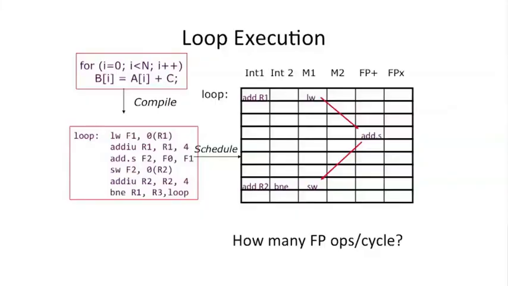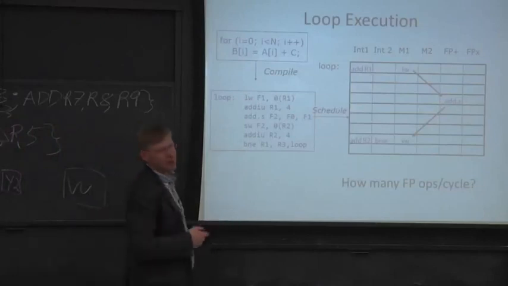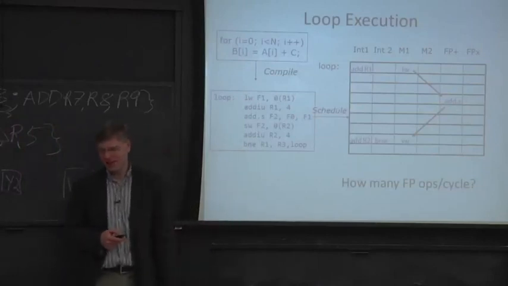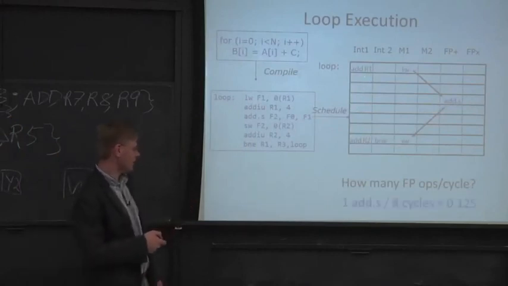OK, so first question here. How many floating point operations are we doing per cycle? Are we doing very well here? This looks pretty poor. We have one floating point operation here, just this add. And we have 1, 2, 3, 4, 5, 6, 7, 8 cycles.